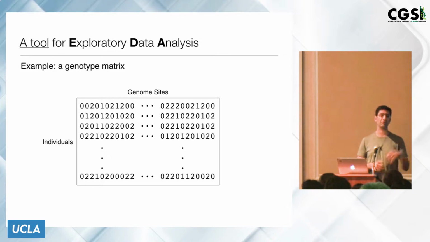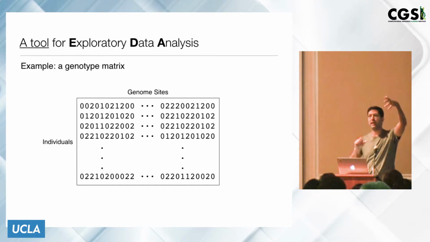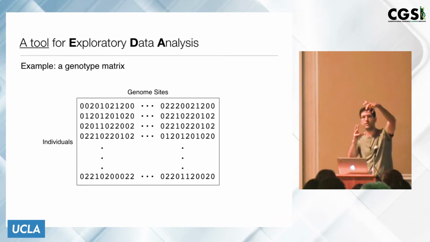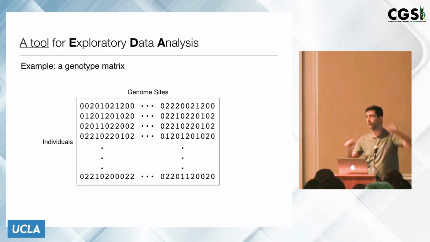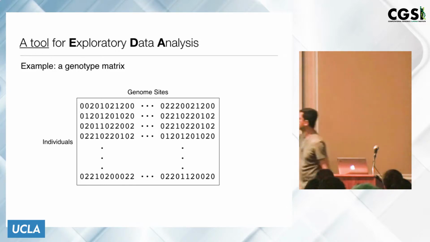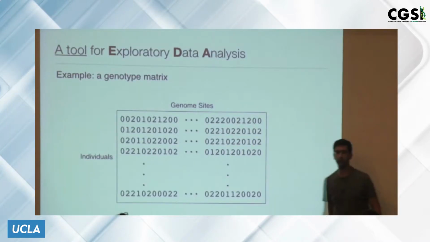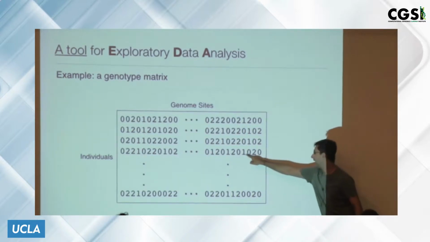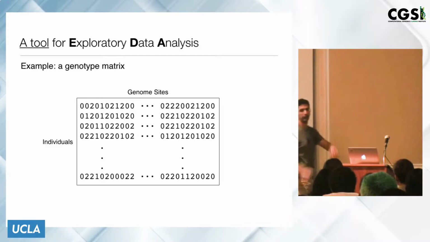These matrices have zeros, ones, and twos because there's an encoding, which is that most polymorphic sites in the genome are biallelic, meaning that you have either, let's say, an A or a G. You don't have all 4 possible nucleotides appearing, and you have a pair of chromosomes, so you'll be either AA or GG or AG or GA. If you're homozygous, let's say for A, you'll get a 0, and if you're homozygous for G, you'll get a 2, and if you're heterozygous, meaning you're one or the other, you'll get a 1.